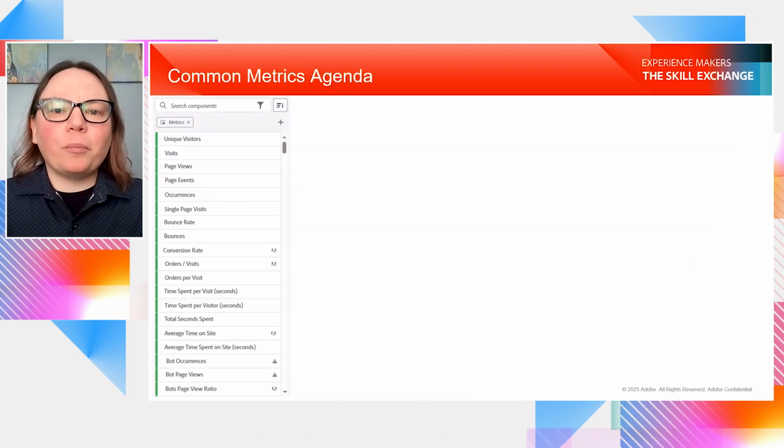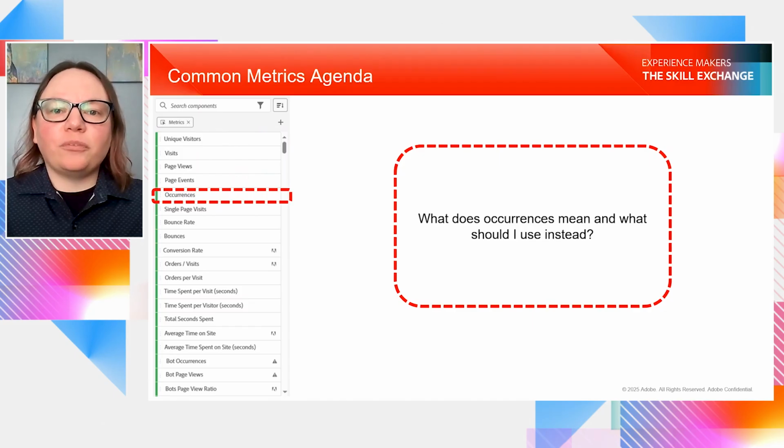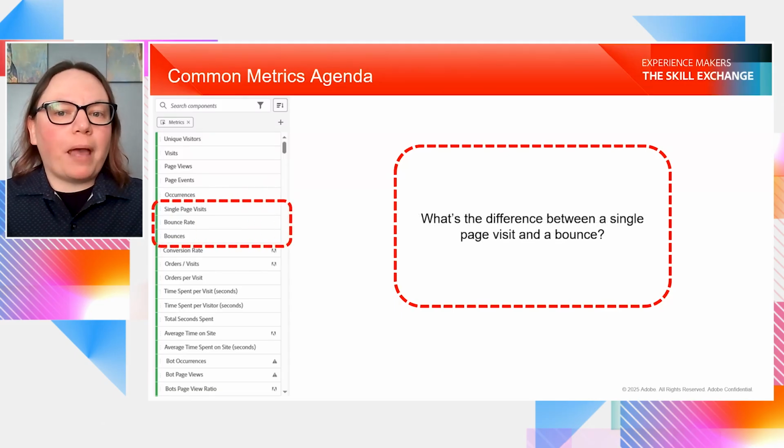So when you look at your components list, you probably see most of these metrics every day, but we're going to look at them in more detail. We'll start off with unique visitors, visits, page events, and page views. We'll cover what the difference is between them. Then we'll go over occurrences, which you've probably seen as Adobe's default metric in freeform tables. We'll look at bounces, bounce rate, and single page visits and what the subtle differences are between them.